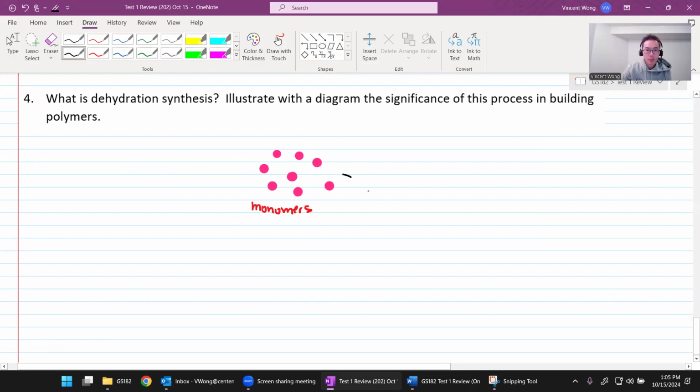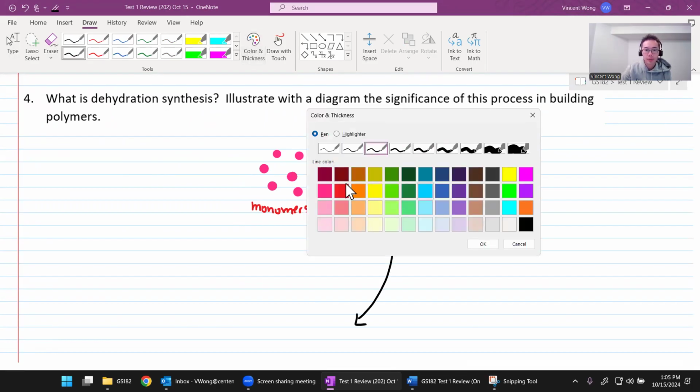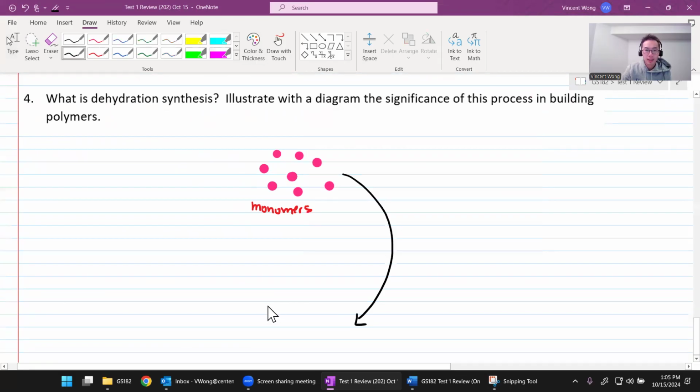We can join them together to form a long chain. This long chain is the polymer. Monomers and polymer. And the process of connecting them together is called dehydration synthesis.